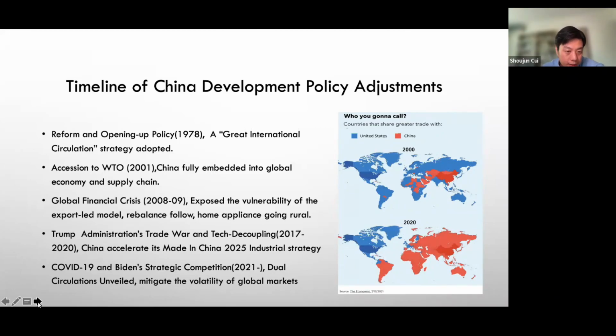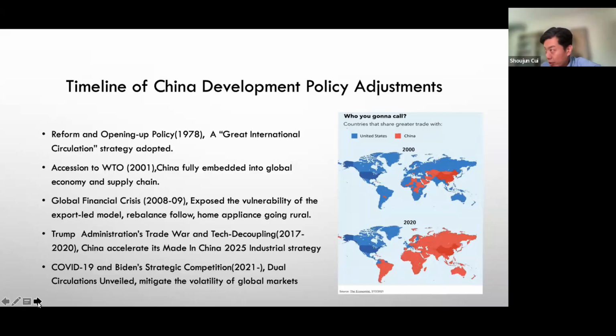And then followed by the global financial crisis in 2008 and 2009. The global financial crisis made China realize that relying wholly or entirely on the international market is not reliable. So the crisis exposed the vulnerability of its export-led model, and China rebalanced its economy.